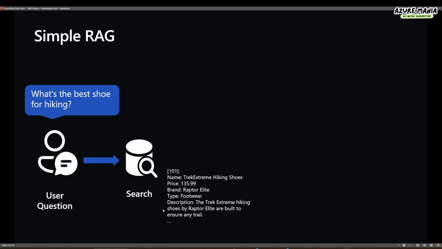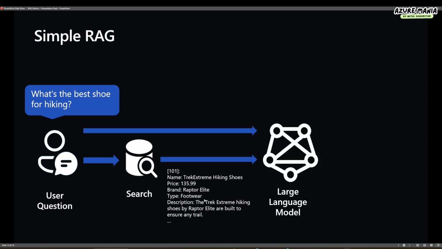Now, if it has data about hiking shoes, with price, name like Raptor Elite, type, description, and so on, there are a lot of things, because it's not only one model. There may be a lot of shoe models, and a shoe can have a price, and it will have some sort of benefit, like maybe the user quality is good, maybe the price is high. There are a lot of metrics actually.